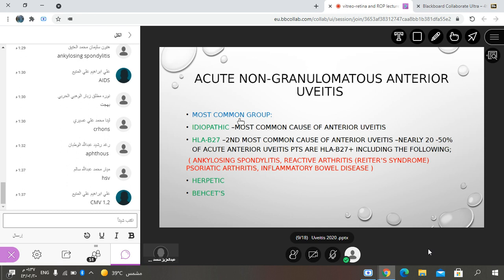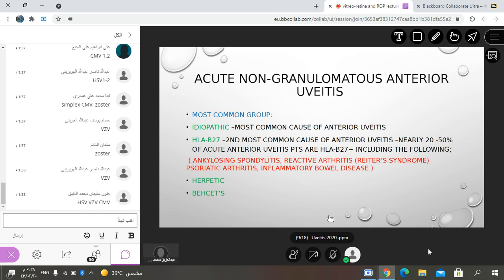Excellent. So herpes simplex virus, cytomegalovirus. What else? Herpes simplex virus type 1, type 2, cytomegalovirus, herpes zoster, varicella zoster virus. Excellent. So herpes simplex type 1, type 2, varicella zoster, cytomegalovirus.